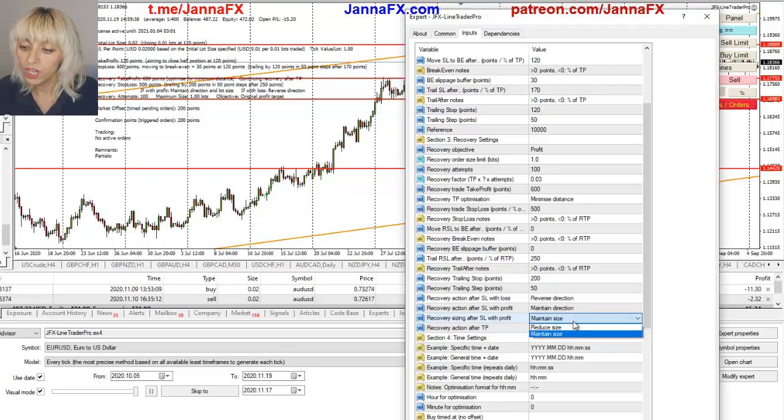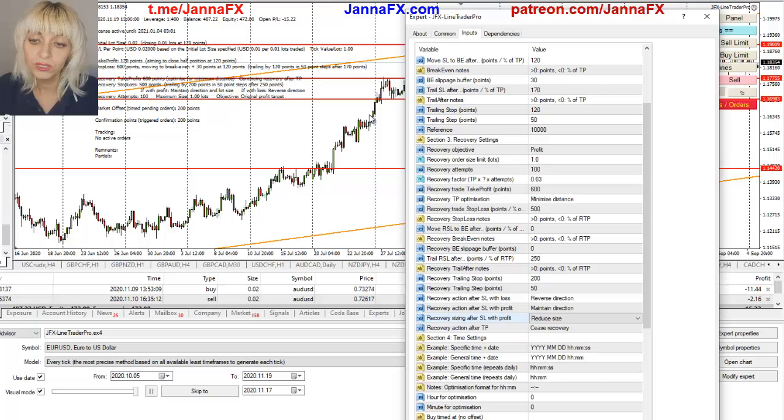If you change it to reduce size, it's quite a nice one, because if you banked a little bit of profit, the next open lot size will be reduced, but the take profit will be exactly the same as we're going to put, let's say it's 600 points, then it will be opened exactly the same distance, guys.